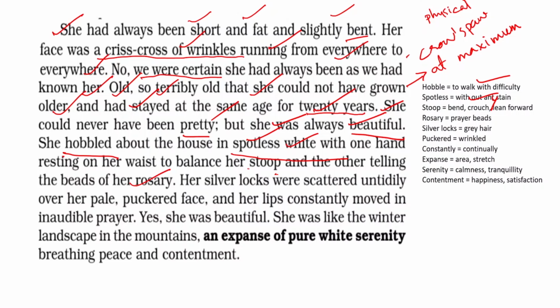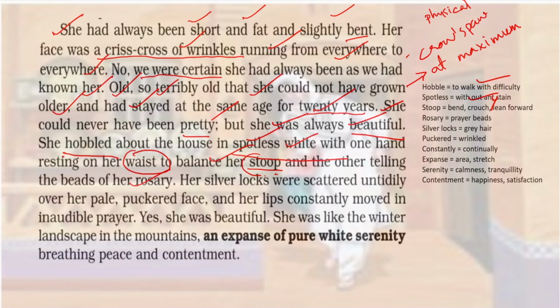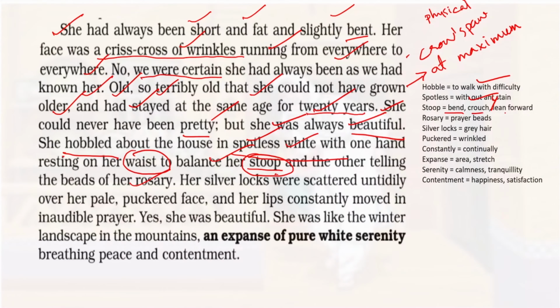She walked around the house and premises in white clothes, with one hand resting on her waist to balance her stoop. Stoop here means the bend or crouch or the lean forward. To rectify that bend, she kept one hand on her waist. That is a balancing act.